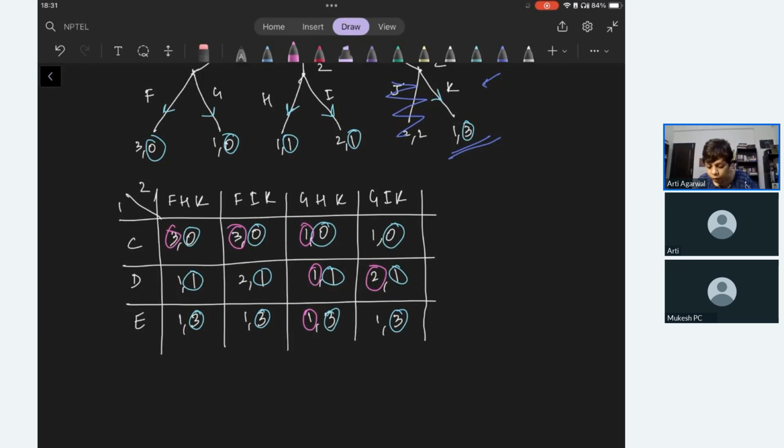Right. Okay, so now you can see that the cells in which you have both the red, the pink and the blue circle, those are all your Nash equilibria. So if you want, you can write it here.